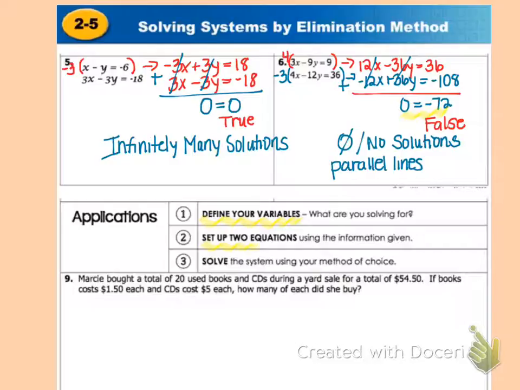And secondly, we're going to set up two equations. So if we have two unknowns, we need two equations. Later on, we'll look at more elaborate systems of equations where we might handle three variables with three equations and so on. But for now, we're looking at two unknowns that we have to find. And so, of course, we need two equations to solve for two unknowns. And finally, three, we're going to solve the system using our method of choice. So we know three methods now: graphing, substitution, and elimination.